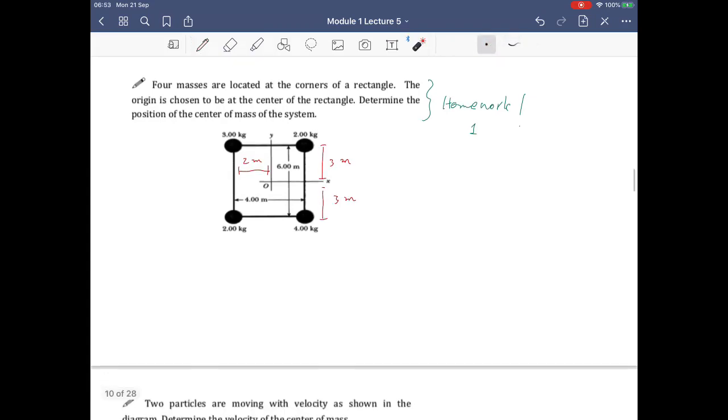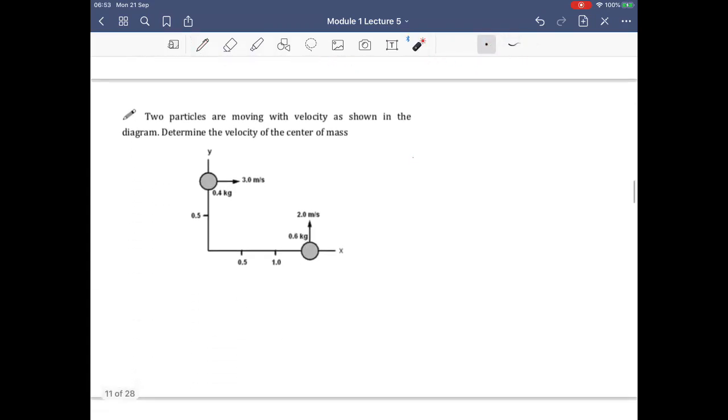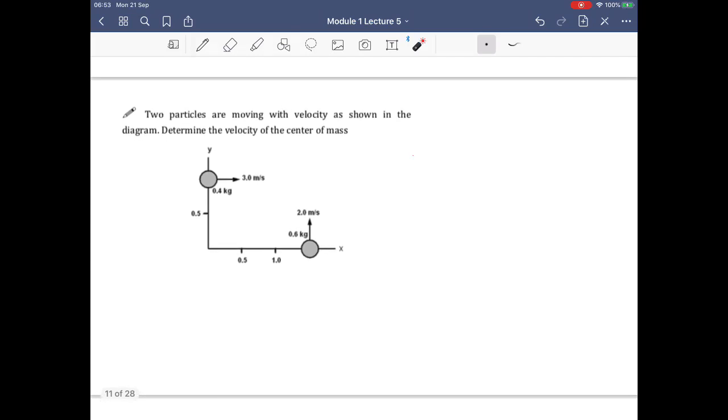Next let us look at this example. 2 particles are moving with velocity as shown in the diagram. Determine the velocity of the center of mass. Here what you need to find is the velocity, so we start with the formula for the velocity.